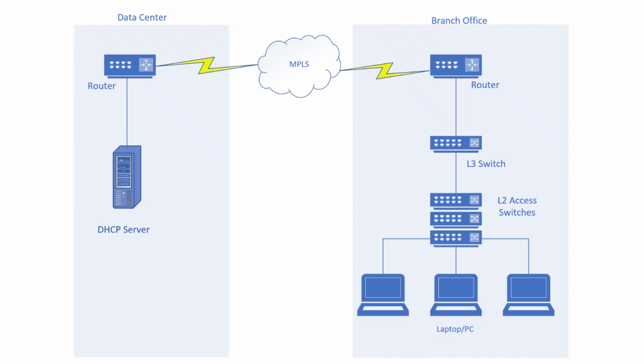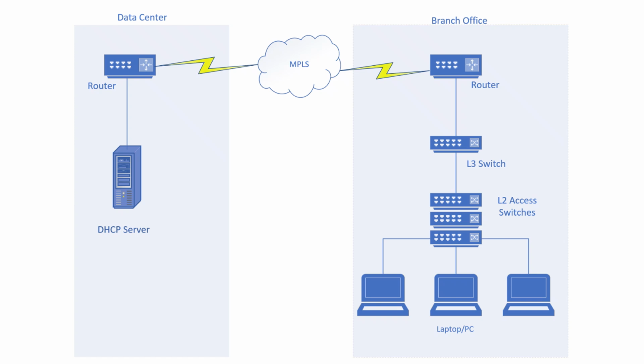The DHCP server is connected to the DC router, and from there, traffic flows across the MPLS link to our branch offices. On the right side is the branch. The branch router is connected to an L3 switch, and below that we have multiple L2 access switches. All user laptops and PCs connect through these access switches.